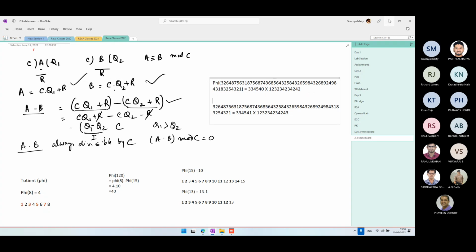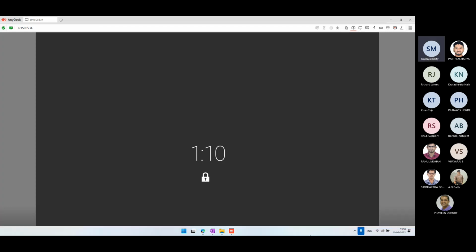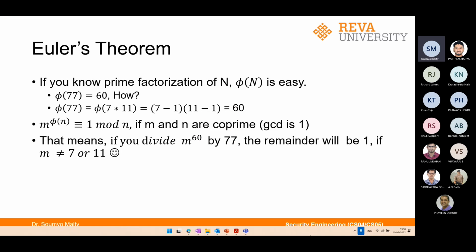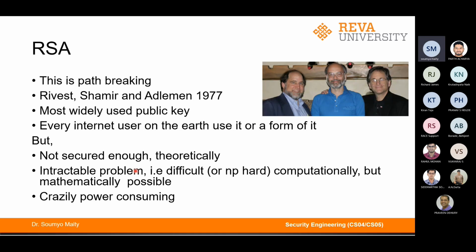So that is the great trapdoor function that RSA cryptography, the asymmetric key cryptography, uses. Now let us come. These are the three guys: Rivest, Shamir, and Adleman. All of them are living and kicking, and they are doing really well. They are three directors of my company. These are the guys who came up with the extraordinary solution: we can give you a private key and a public key, two sets of keys.